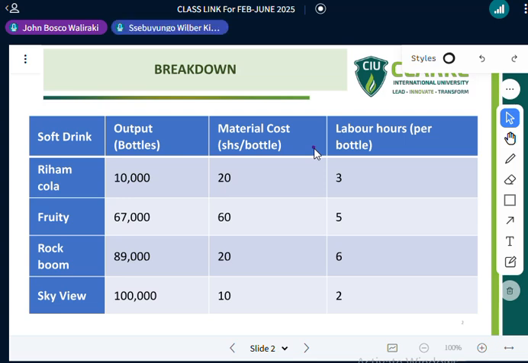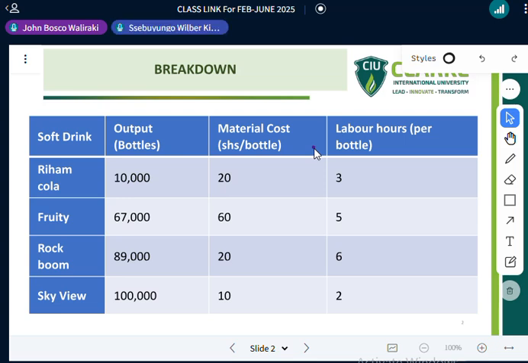So in this breakdown that I'm displaying to you, we see two aspects which are very key in costing a unit bottle, a single bottle. One, we have material costs, and two, we have labor hours.